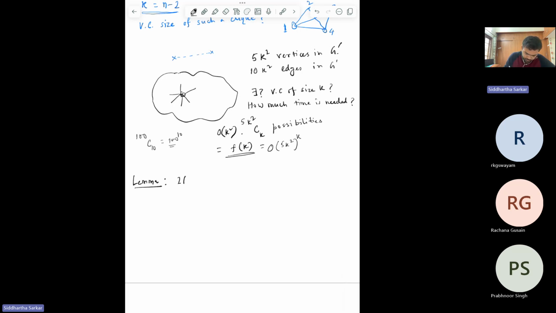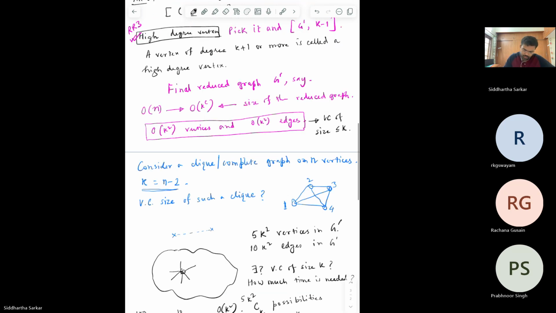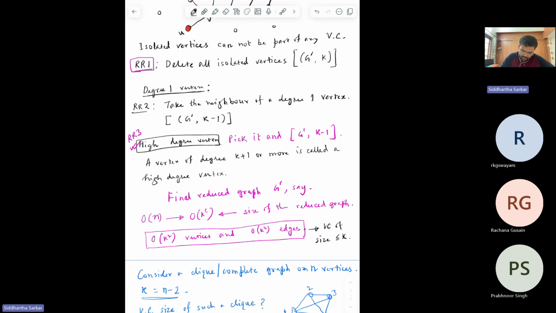So if (G, k), that is the original instance, is a yes instance, that means it contains a vertex cover of size at most k, and none of the two reduction rules is applicable to G. One reduction rule is to delete all the isolated vertices, and the other is to delete all the high degree vertices.